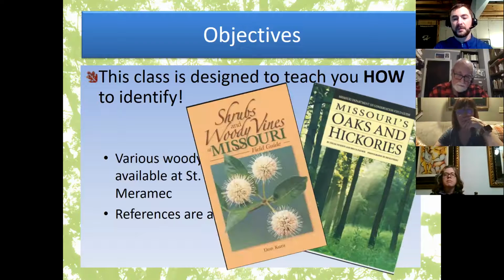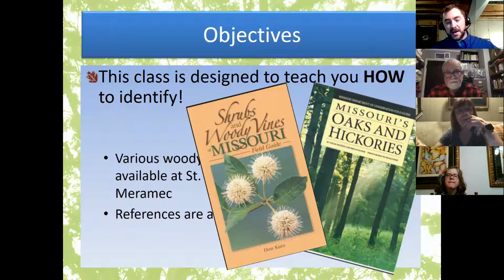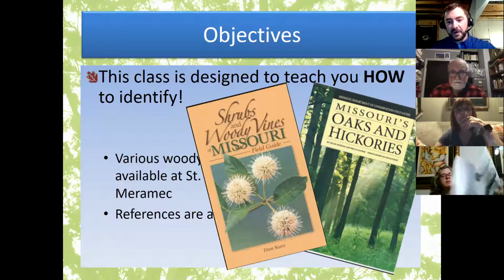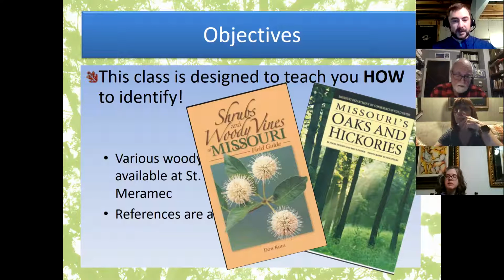These publications from the Department of Conservation are absolutely free, and they're very good. Maybe I'm biased, maybe I'm not, but I think they're pretty good, especially for free. You can pick them up stopping into Powder Valley when it opens back up, and Busch when it opens back up, August A. Busch Memorial Conservation Area.